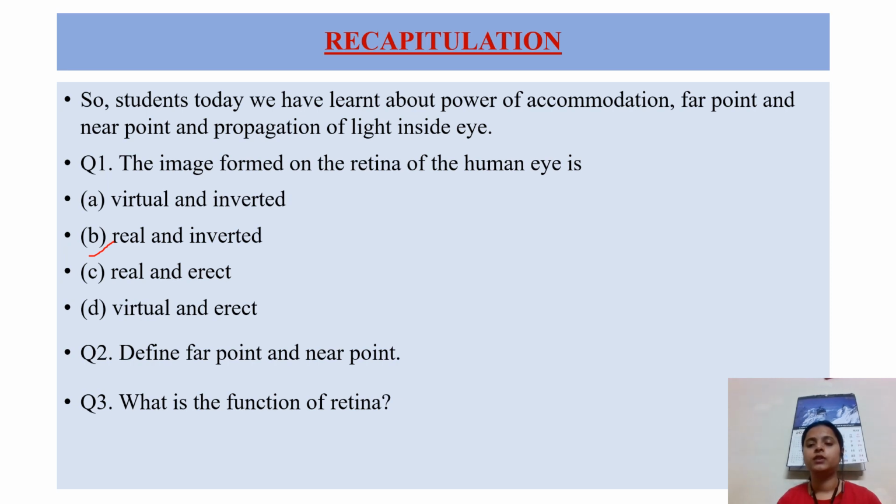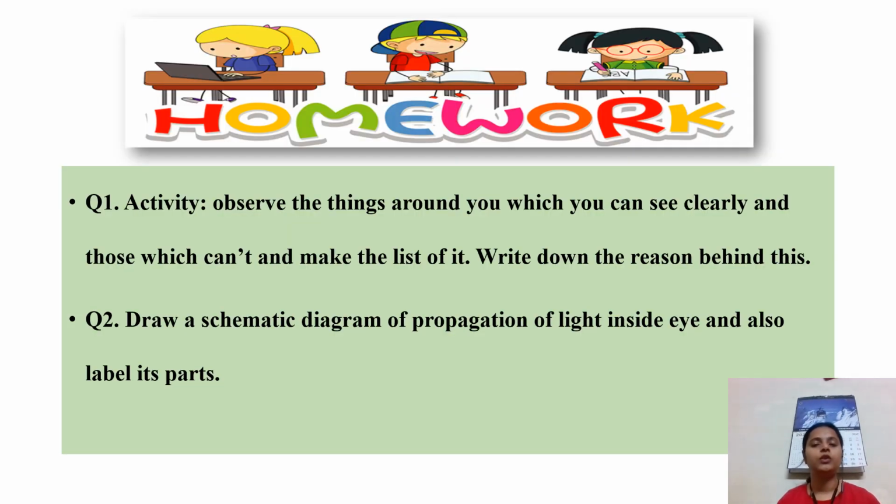Now let's move further. Now students, it's time for your homework. I have included one activity: you have to observe the things around you which you can see clearly and those which you can't, make a list of them, and write down the reason behind it.